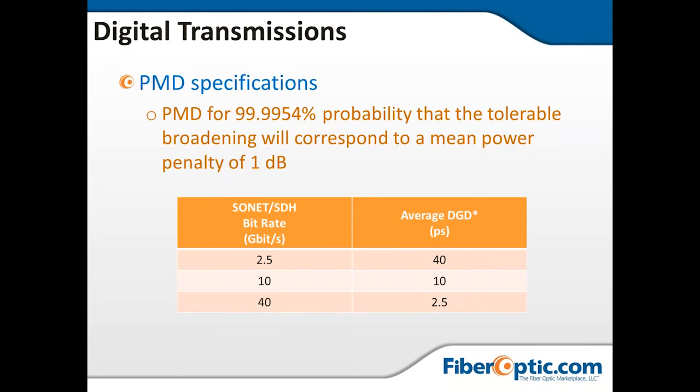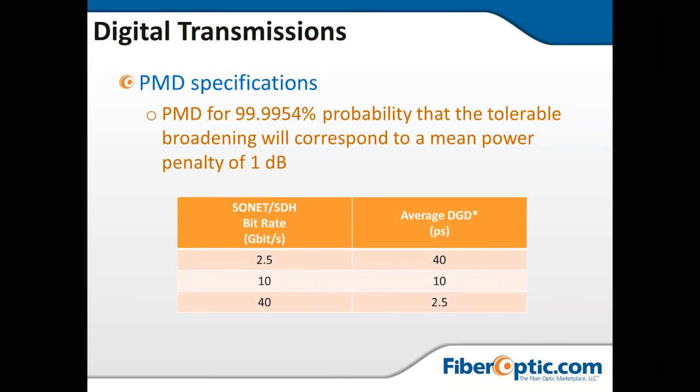PMD is done like calculus, and it's expressed as a ratio of picoseconds divided by the square root of the kilometers, and it just gets weird from there. So I'm going to tell you how much average group delay, differential group delay you're allowed.